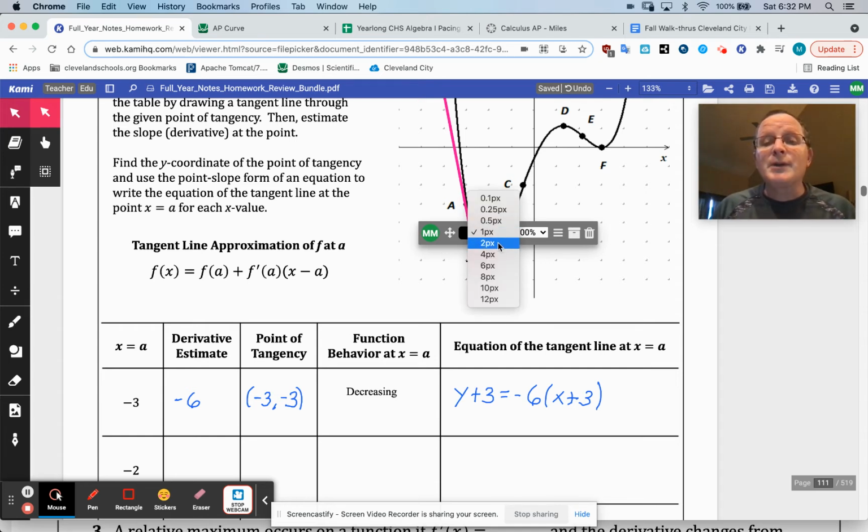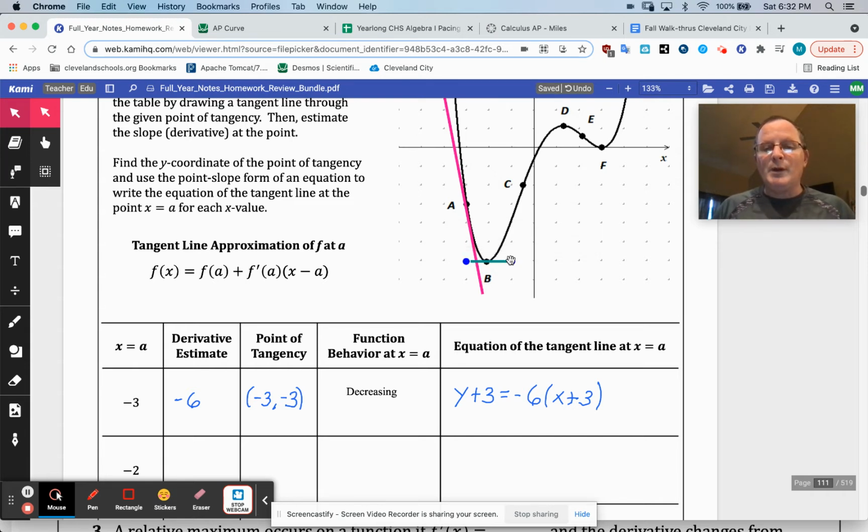And purple. All right, so there we go. And then if we wanted to, we could stretch it out a little bit, just so it looks a little bit better.